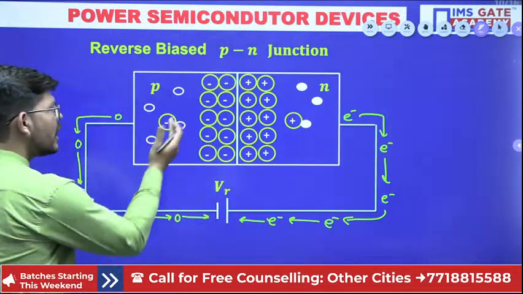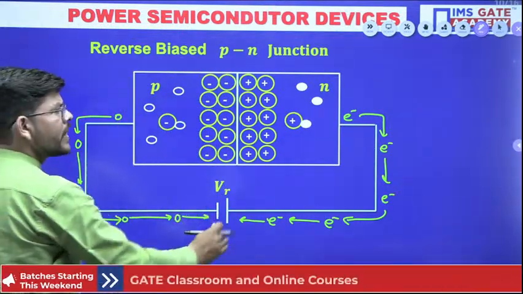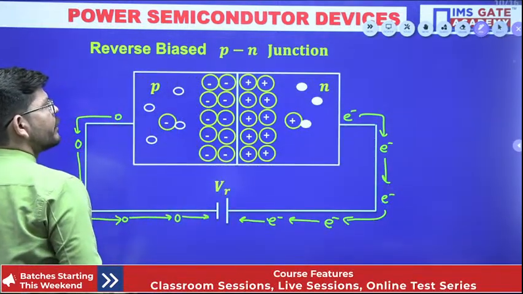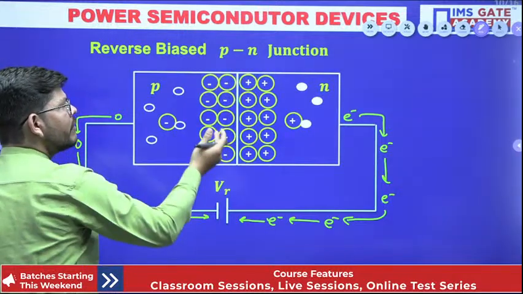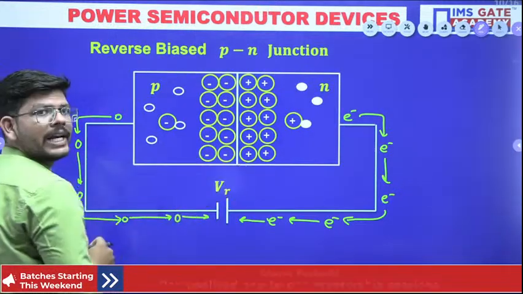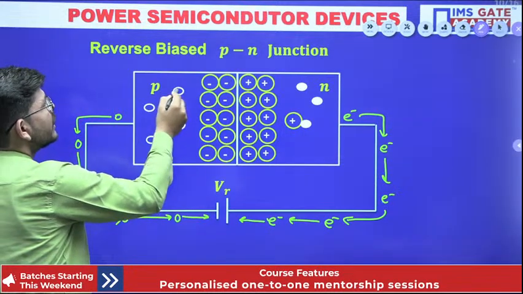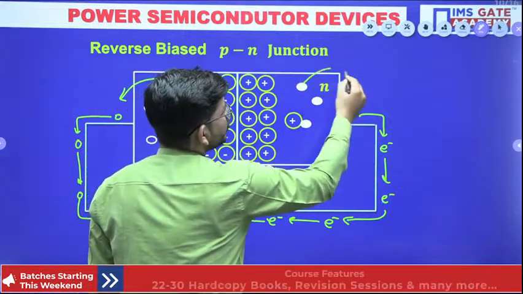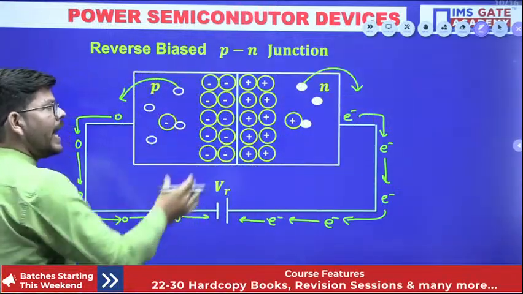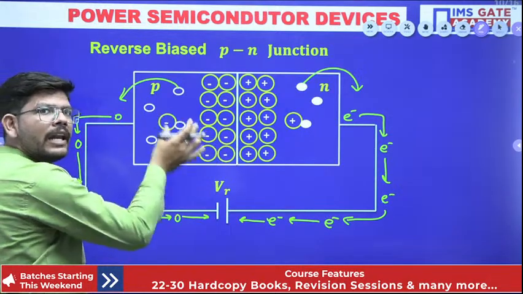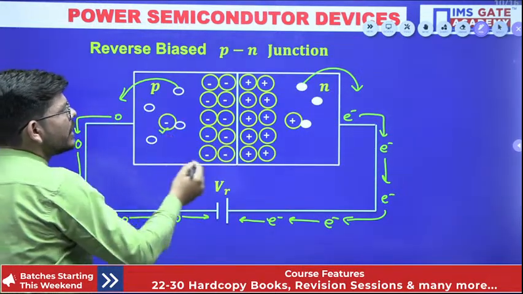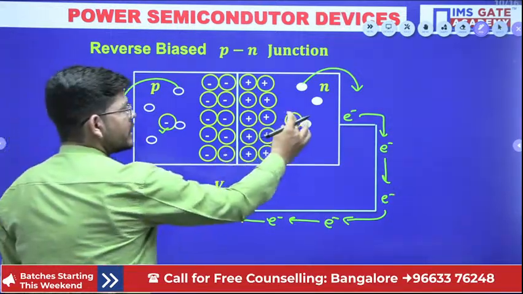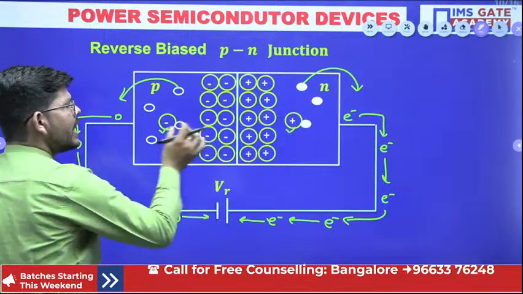So holes are attracted by the negative terminal of the battery, and the positive terminal is attracting all the electrons. So what will happen? This boundary will be depleted more of mobile carriers, isn't it? Because holes are moving towards the negative terminal of the battery and electrons are moving towards the positive terminal, and this boundary is being left by these immobile charges, the acceptor ions and the donor ions.